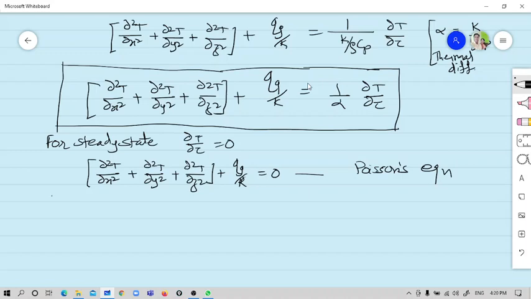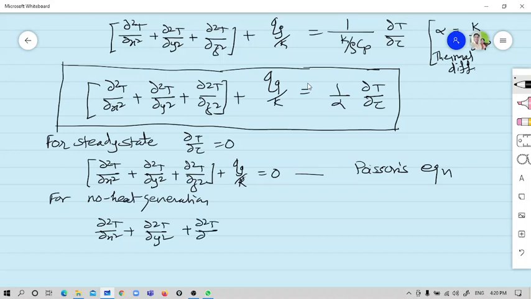So for no heat generation, we get ∂²T by ∂x² plus ∂²T by ∂y² plus ∂²T by ∂z² equal to 0. There is nothing on the right side also, this term becomes 0. This particular equation is called the Laplace equation.